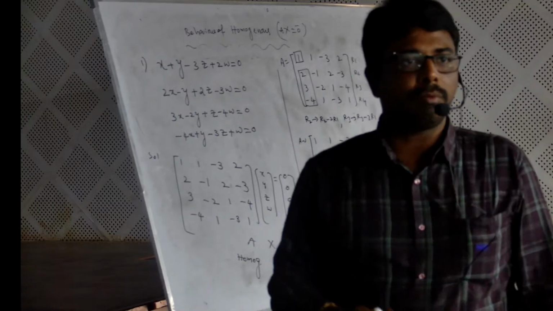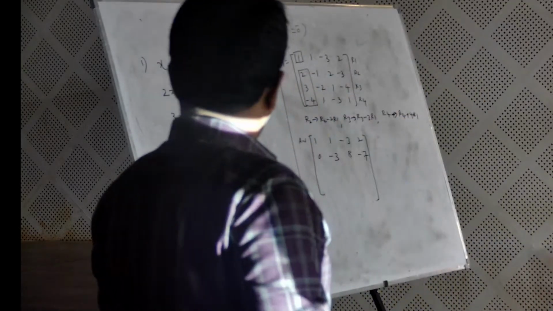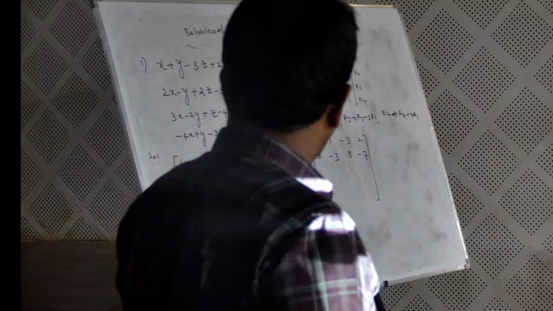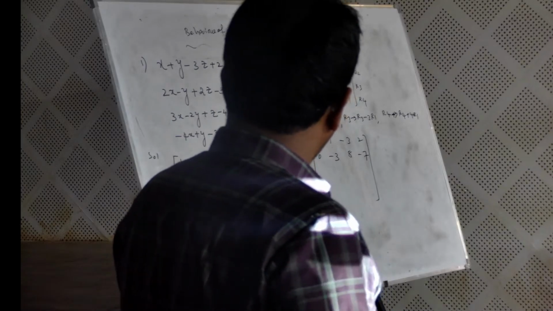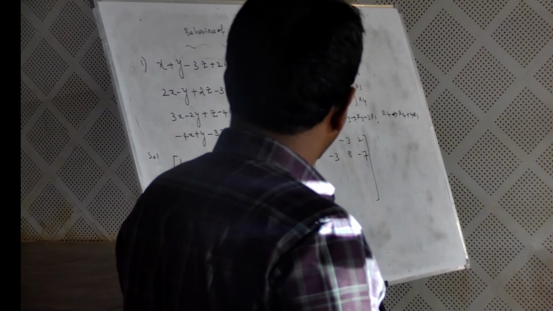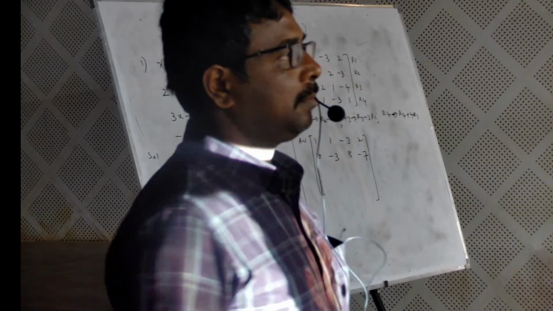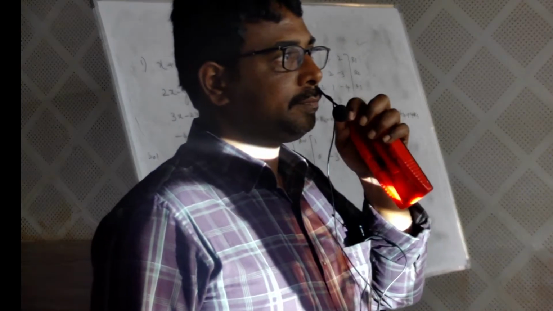R2 minus 2R1: 2 minus 2 is 0, minus 1 minus 2 is minus 3, 2 plus 6 is 8, minus 3 minus 4 is minus 7. Fine.